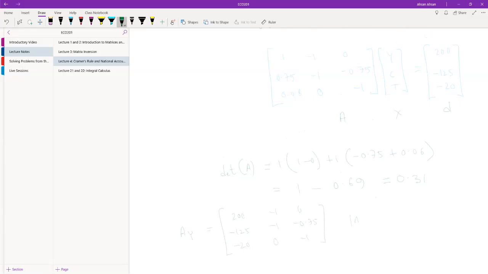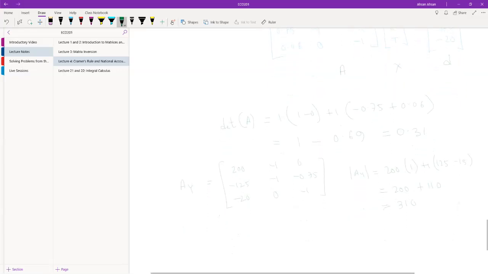And so the determinant of A_Y is going to be 200 times 1 plus 1 times 125 minus 15. So we get 200 plus 110. So 310 is the determinant of A_Y.